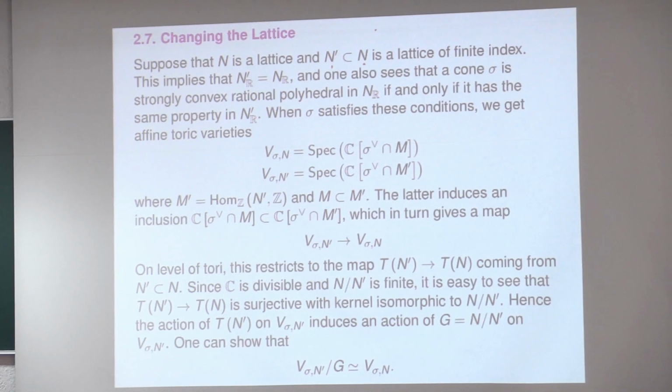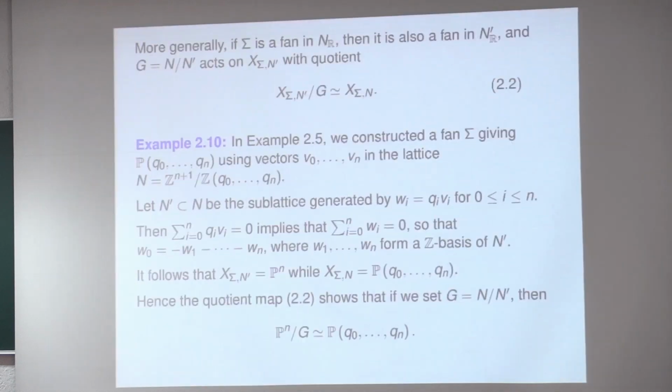We did it for a cone, but this construction would be compatible if you do it for all the cones. What are we saying? That for the whole variety it happens as well. So if you have a fan and you look at that fan in both N_R and N prime_R, do the quotient patch by patch, you get a quotient for the whole variety.